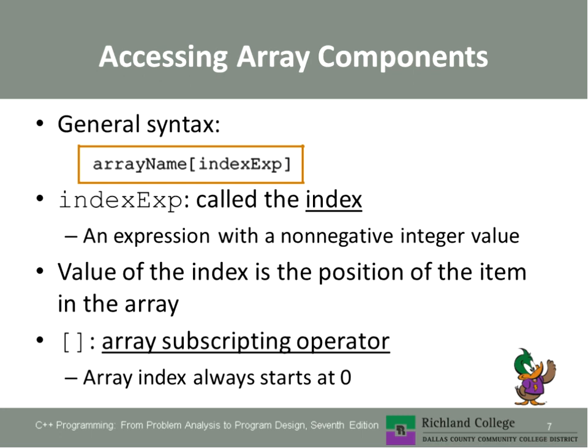If we say unsigned integer, we ensure that it's never going to be negative. The value of the index is the position of the item in the array, and we use the array subscripting operator in order to identify which index value we are referring to. And the index is always going to start at 0.